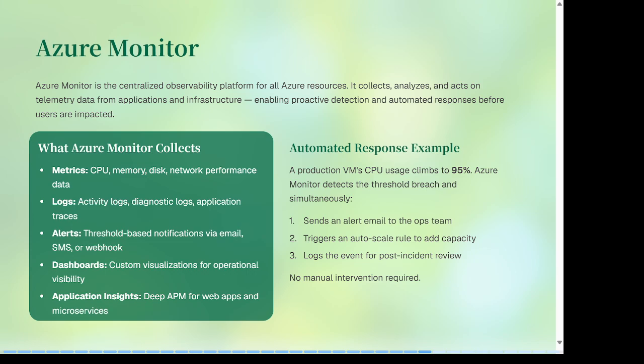Reliability. Reliability focuses on keeping systems available and stable. Azure Advisor recommends high availability configurations, backup strategies, disaster recovery improvements, availability zone usage. So your applications stay online during failures.